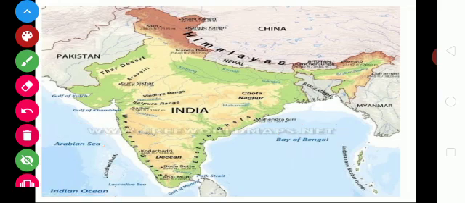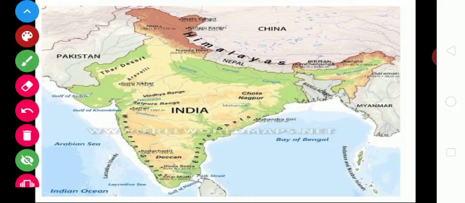And then about the mountain. See here, the Himalayas border our country and are very useful for us by providing many things, and some of our rivers also get waters through the Himalayas. And then the plateau, the Deccan Plateau or Southern Plateau.